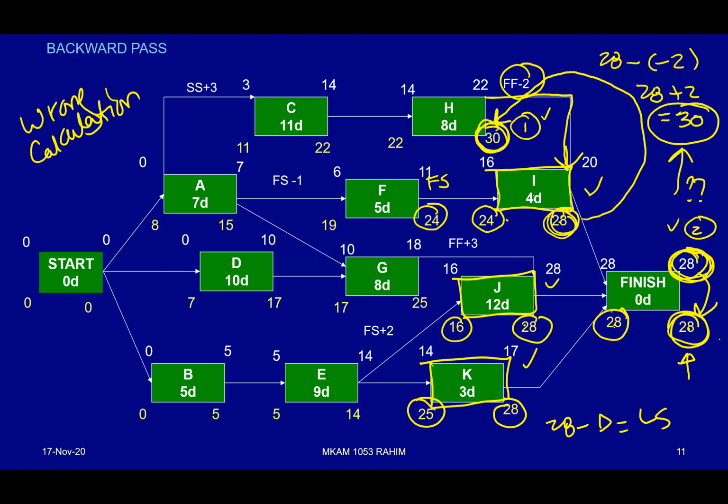I just want to show you how you can get a wrong calculation based on a missing assumption. The missing assumption is that when you do the backward pass, you must take the least value among the evaluation of the returning arrow. Okay, but we forgot to do that.